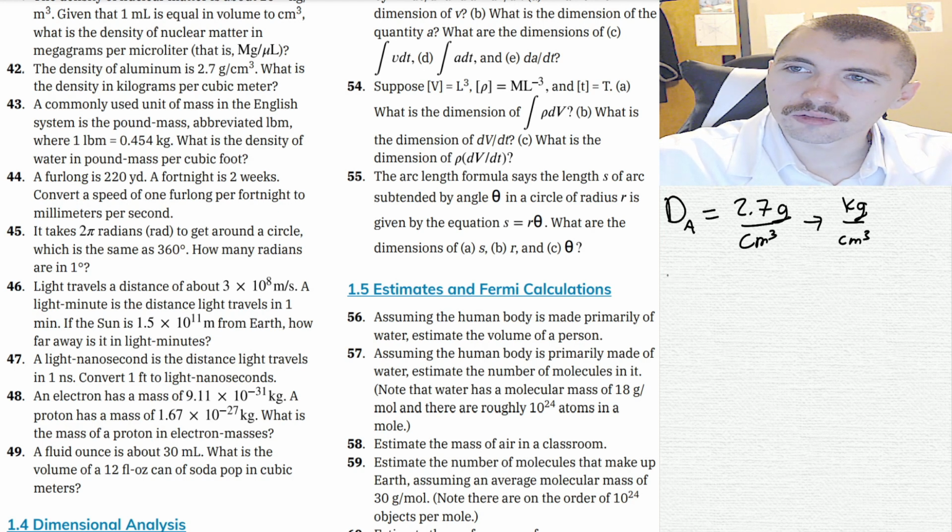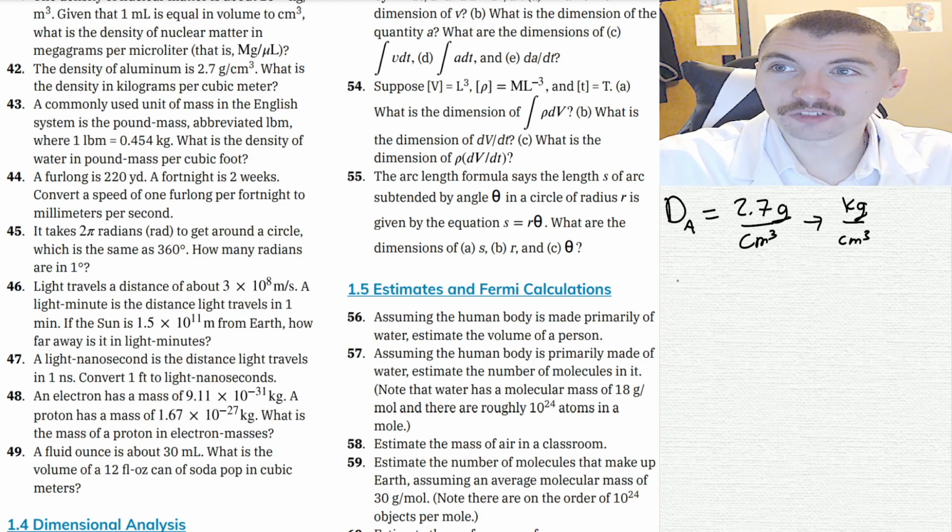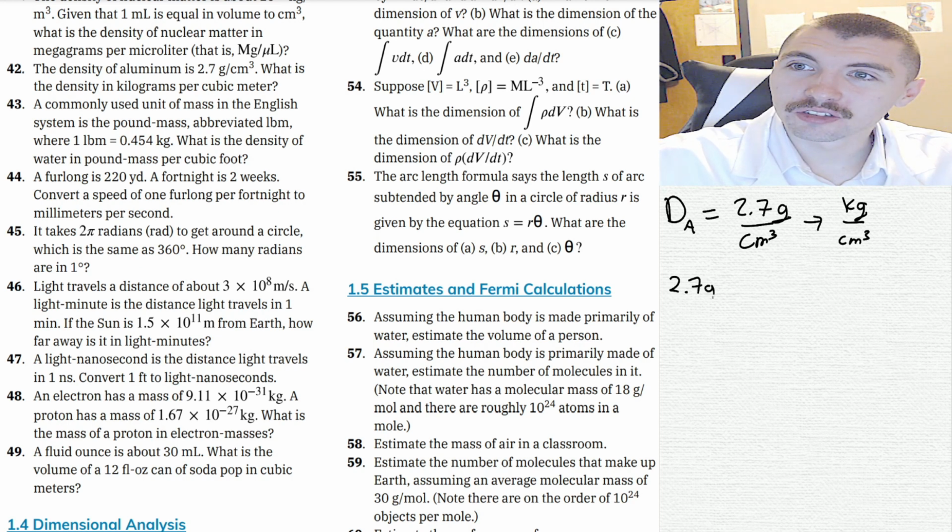So let's say this is 2.7 kilograms. So that's just 2.7 grams times 10 to the 3 grams.